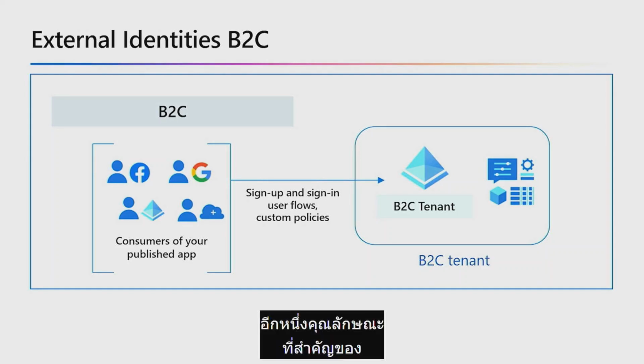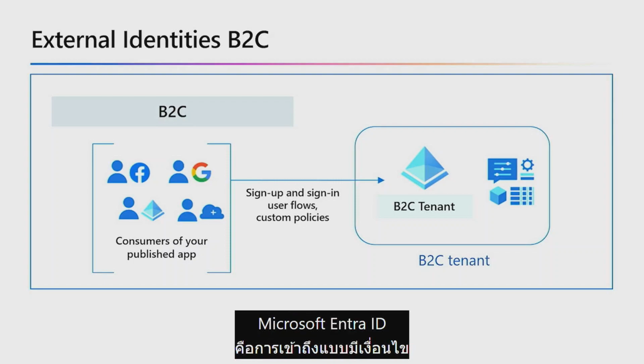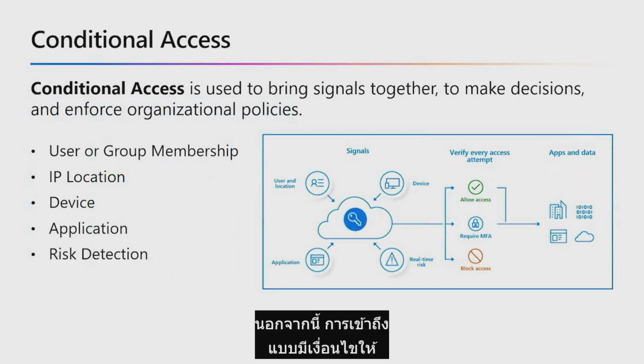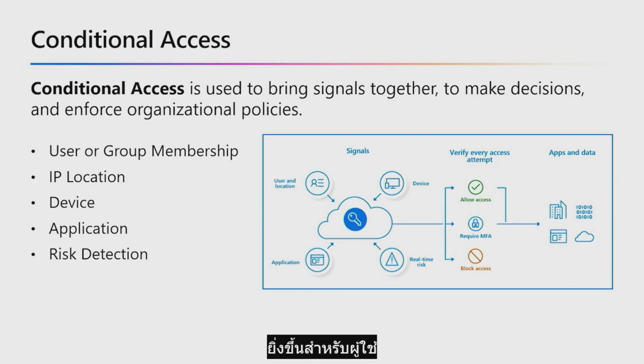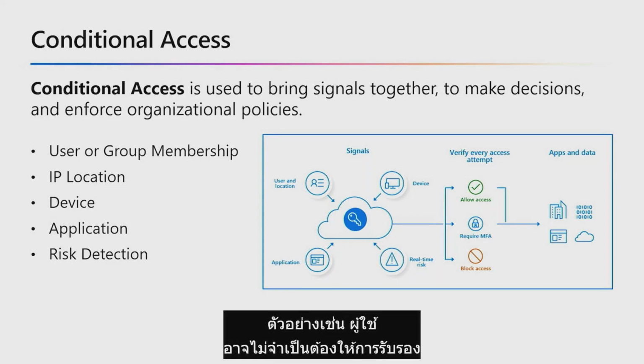Another important feature of Microsoft Entra ID is conditional access. Conditional access also provides more granular multi-factor authentication for users. For example, users may not need to provide a second factor authentication if they are in a known location.